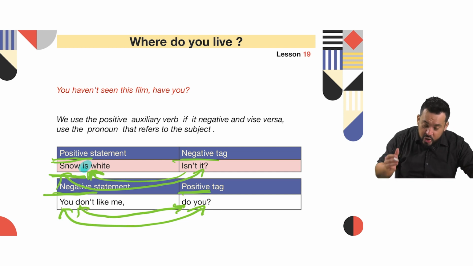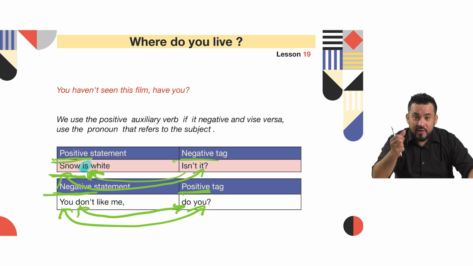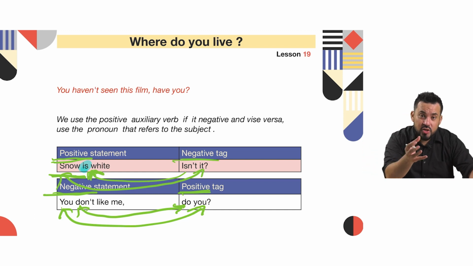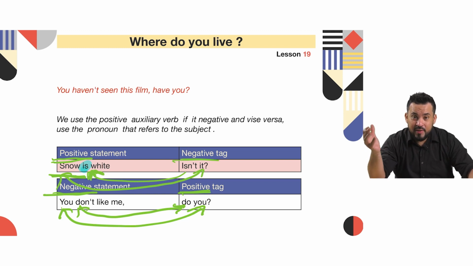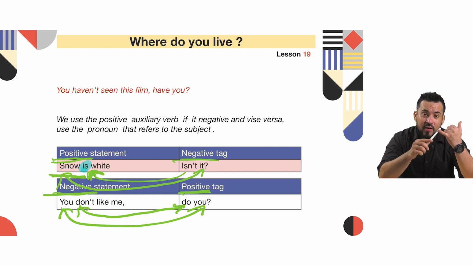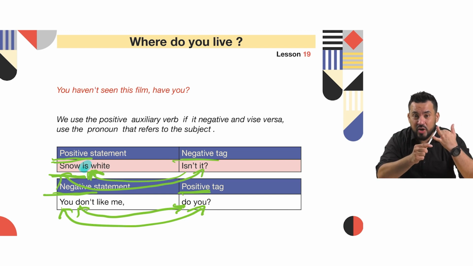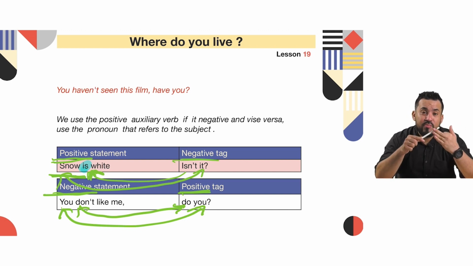Okay, so there must be an agreement with the subject in the sentence and the subject in the question tag, and also the auxiliary in the sentence and the auxiliary in the question tag. Those are the rules. Rule number 1, the subject must agree with the subject. Rule number 2, the auxiliary must agree with the auxiliary. Rule number 3, you make it the opposite.